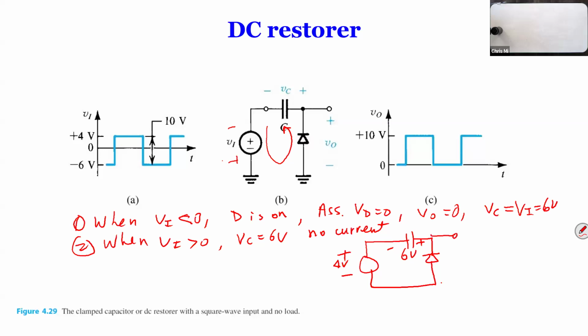So now no current. So now we imagine VO. VO is equal to VI plus VC, because those two voltage sources are in series, right? There's no current. So it's going to be 4 plus 6, which gives you 10 volts.